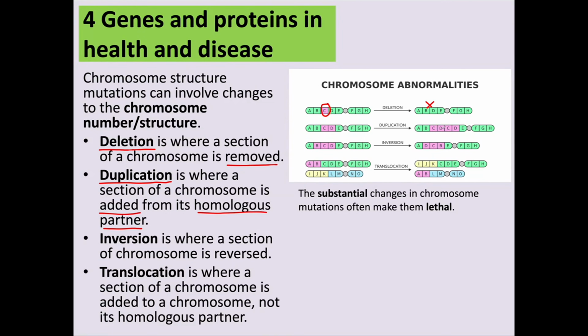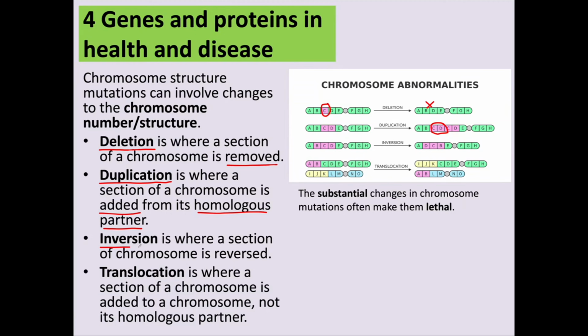But in the duplication error, the C and D from the homologous partner have been added to this chromosome. If we looked at the homologous partner, we'd see it lacked the C and D because it's gone over to this chromosome here. So it's added from its homologous partner. That's duplication, and you can see visually there how that works, CD, but then CD again. They've got that extra C and D from the homologous partner.